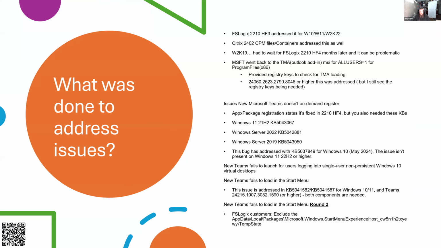With FSLogix and Citrix, their profile solution at the time didn't support it. Windows 2019 at the time was just kind of a nightmare, right, to get Teams to work with it. Kind of going back to where Microsoft decided to put the all users flag back into it, there were a couple of reg keys that you needed to check within the HKEY_CURRENT_USER hive, some extra pieces that you had to do that they stated are not needed anymore.